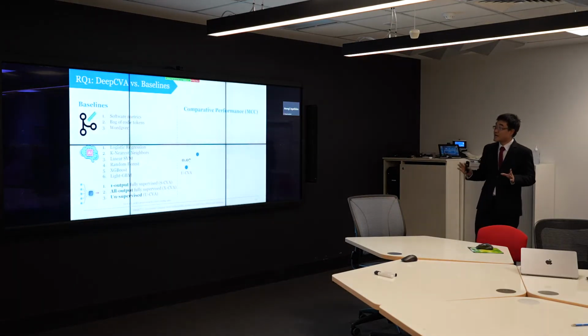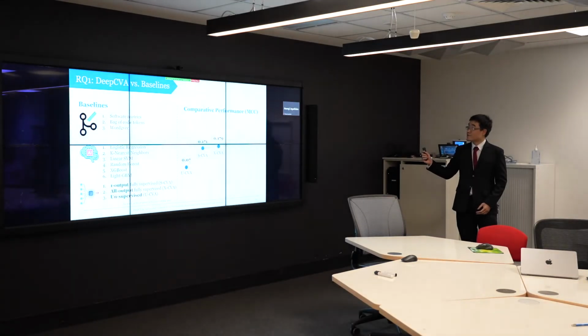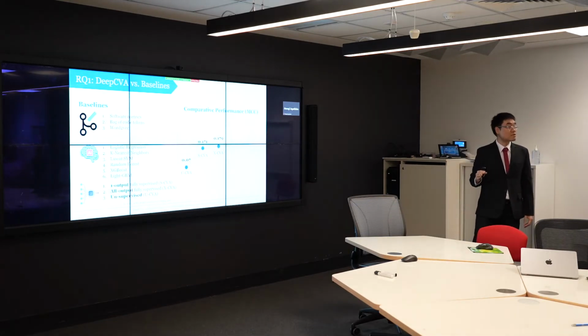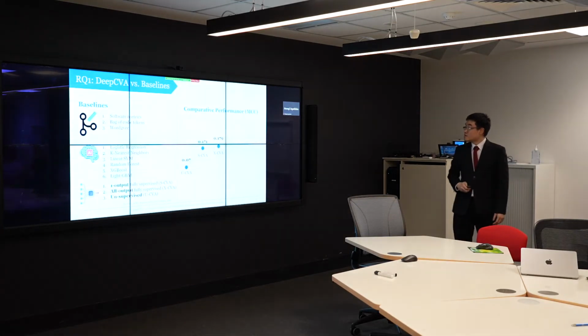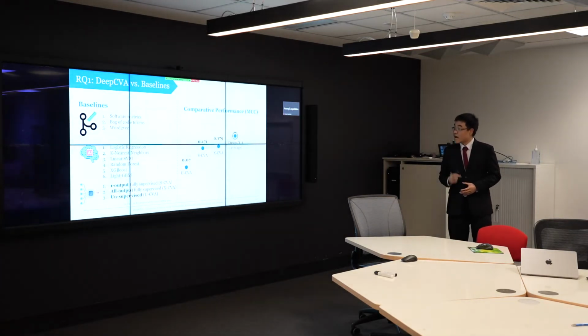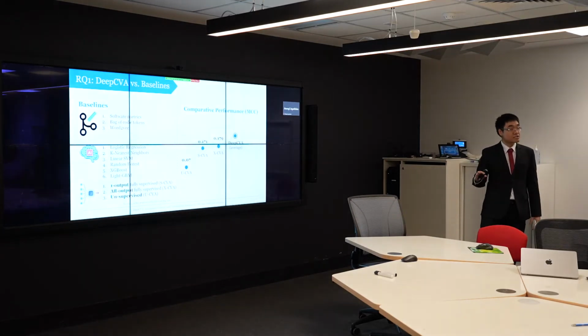Here I would like to present the key result based on the Matthews Correlation Coefficient, MCC, metric, as well as the data curated from more than 200 real-world software projects. From extensive experiments, we found that DeepCVA outperforms the best baseline by 38% on average.